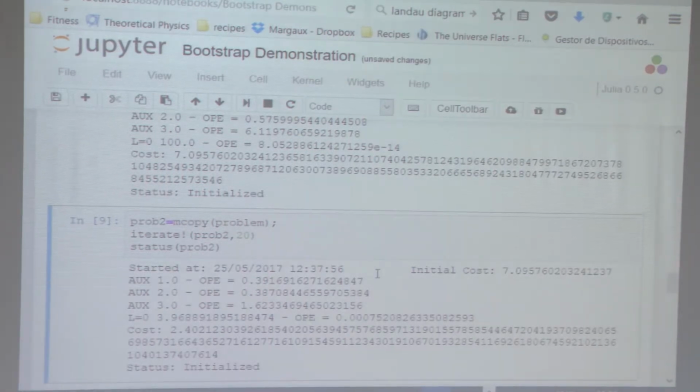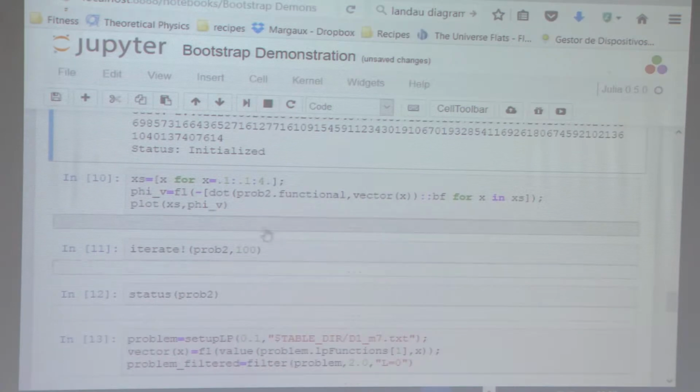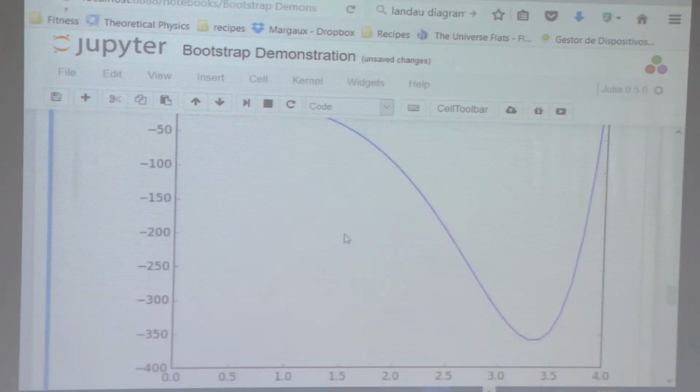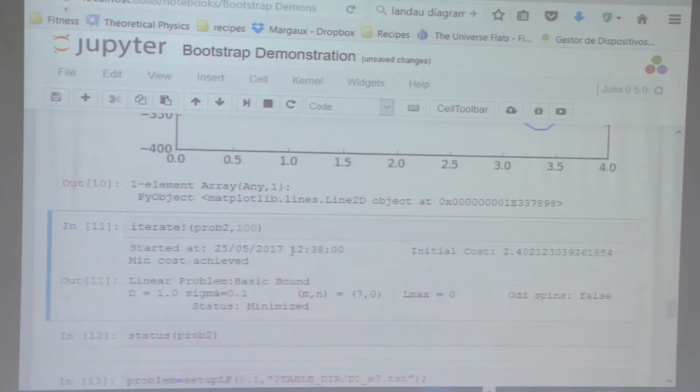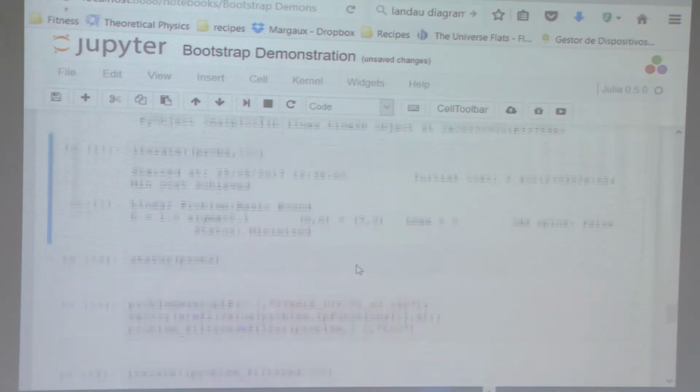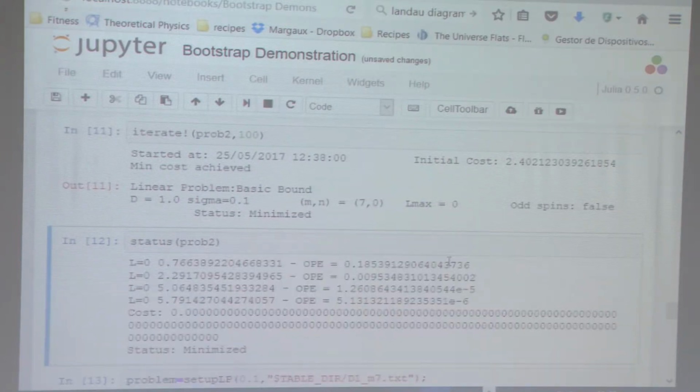Now you do this another 20 times, and it's changed again. The cost decreases. After 20 iterations, you plot the functional and you see that it has a minimum at some point, so that's the vector that we're going to include. You keep doing this, and after many iterations, the minimum cost has been achieved. In this case, the auxiliary vectors are gone.